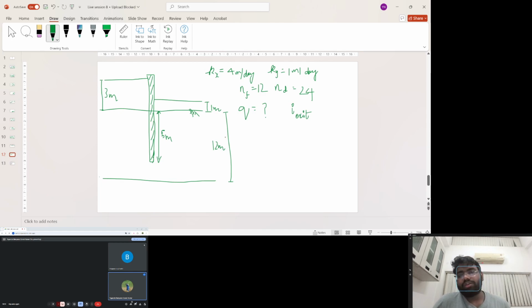Alright, for that we need to first estimate the head loss. Head loss H is equal to the height at the upstream end minus the height at the downstream end, which is 2 meters.